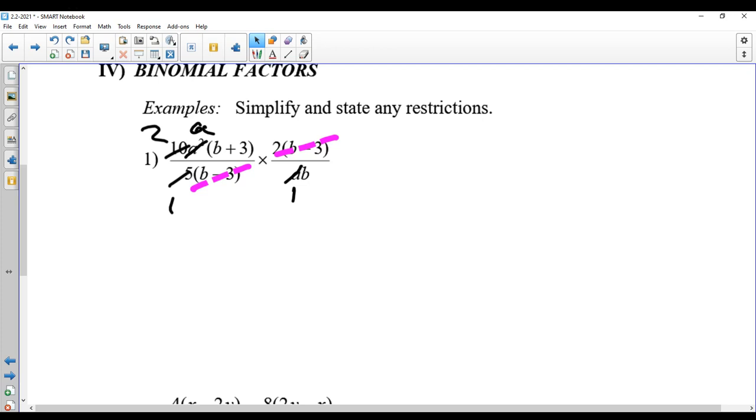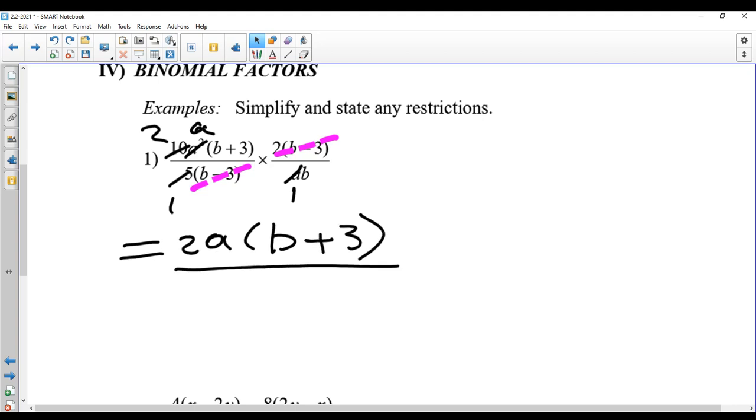No, you can't simplify anything else on this. All you can do is multiply it out at this point. So on top, we'd have 2 times A times B plus 3. And on the bottom, we have 1 times B. That cannot be simplified anymore. Right?